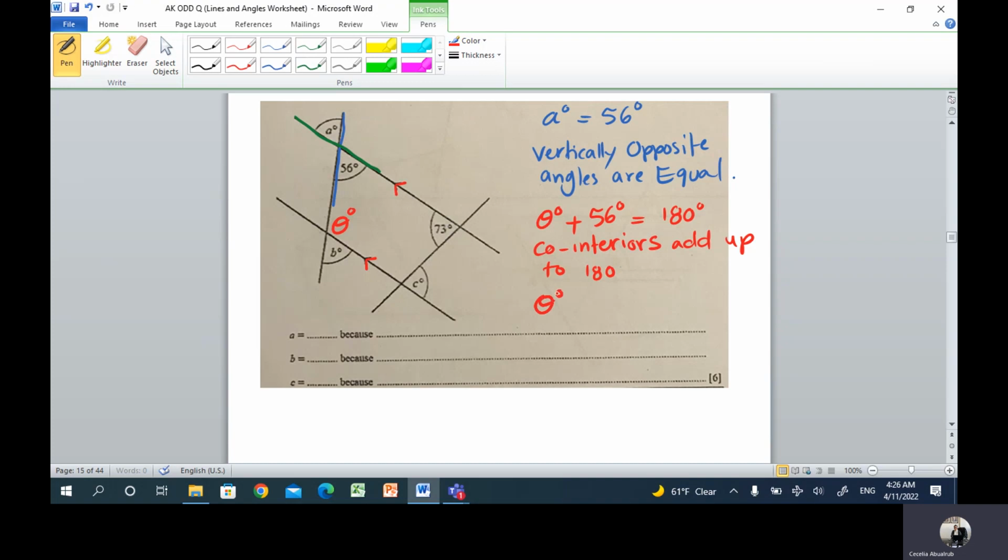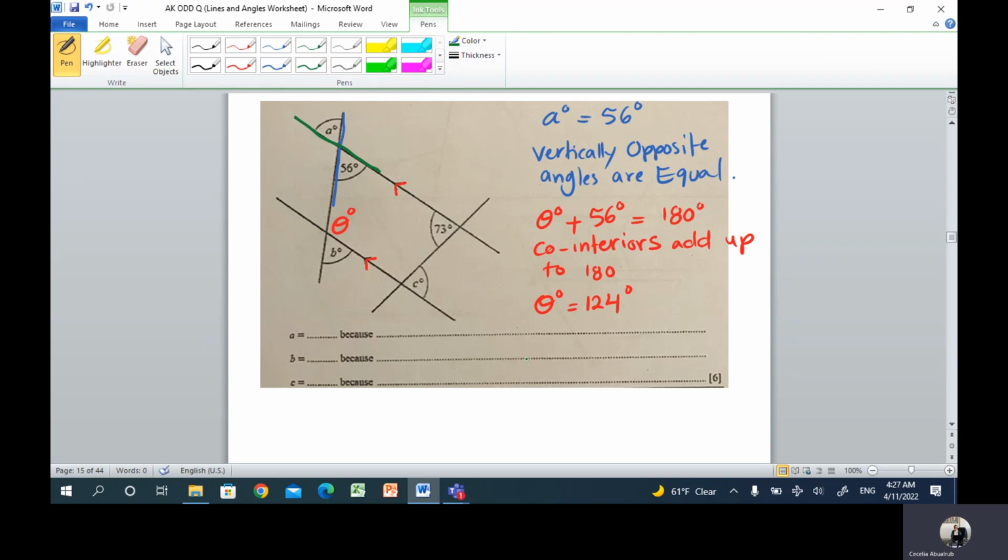Accordingly, if you apply opposite operations, meaning if you subtract the 56 from 180, the answer will be 124 degrees.